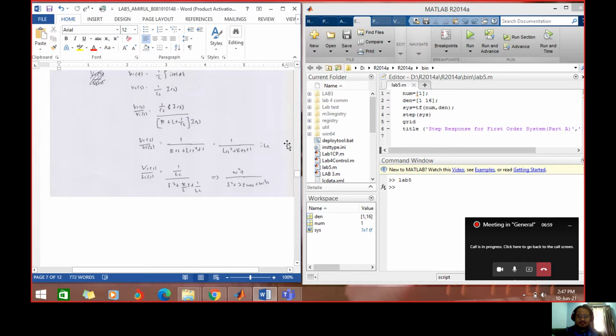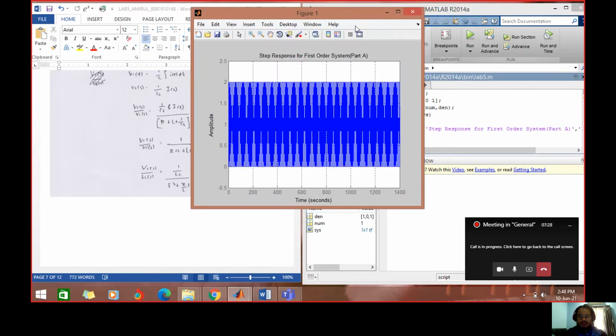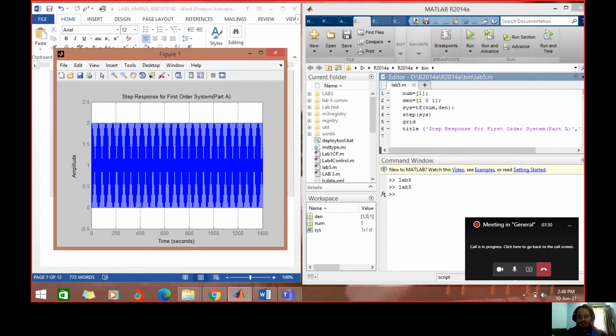For RCS, it depends on the change of the damping ratio, which for the first condition is 0 and plus 1. So for the first condition, we will get this graph.